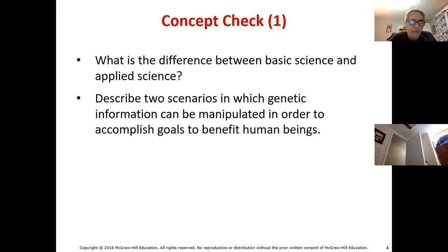So early on, to get to the point where we have these RNA vaccines, we had to know about the genetic code. We had to know about transcription and how translation occurs.